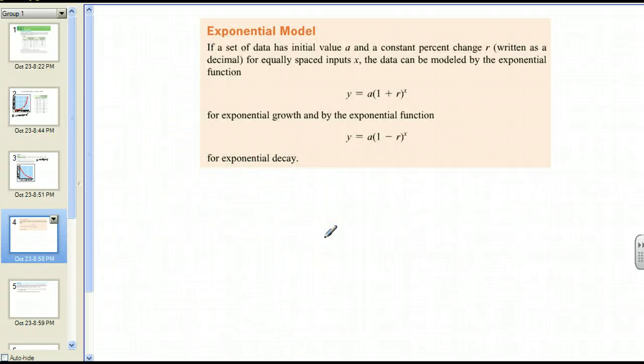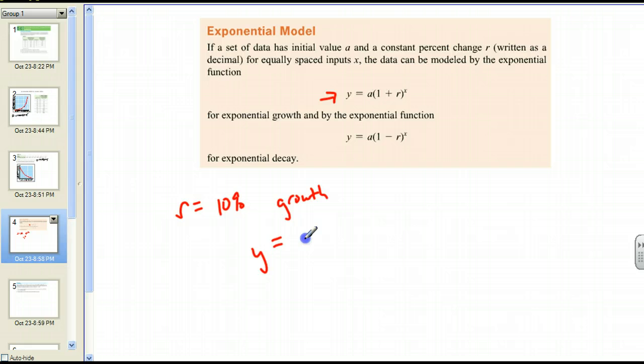So whatever R is, for instance in the first example, say R equals 10% growth. Then we would use the top model, and we would say y equals a times 1 plus 0.1, 10% as a decimal is 0.1, to the x, which means a times 1.1 to the x.